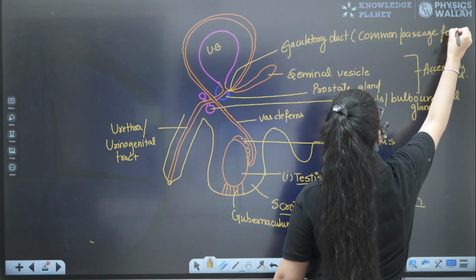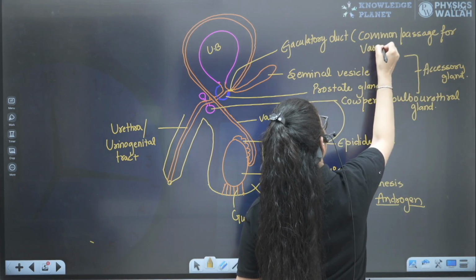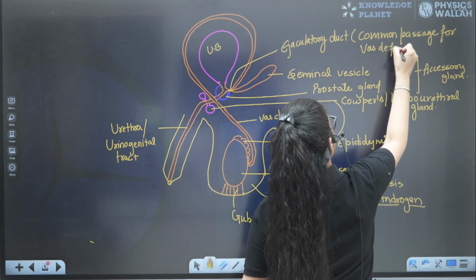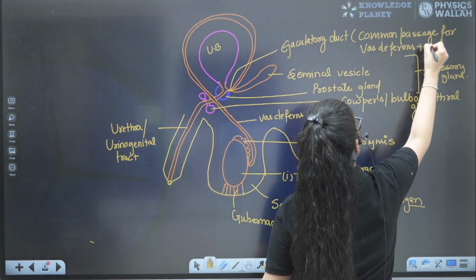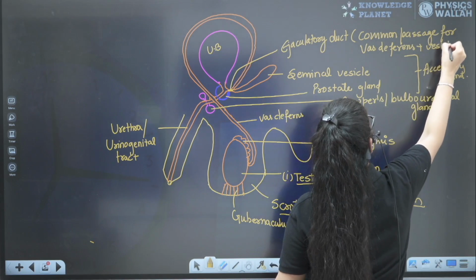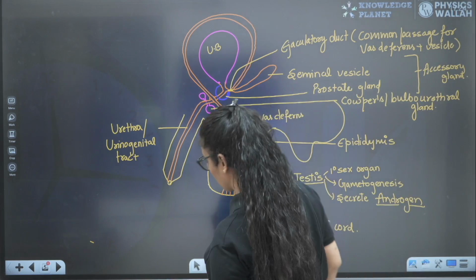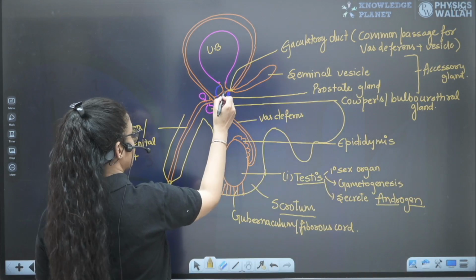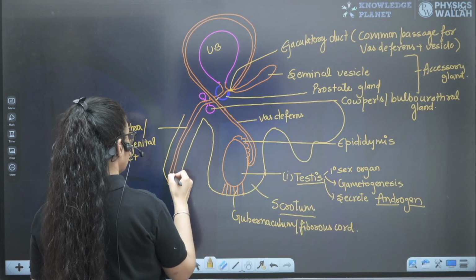Both of them pour their secretion into the ejaculatory duct, which finally opens into the urethra.